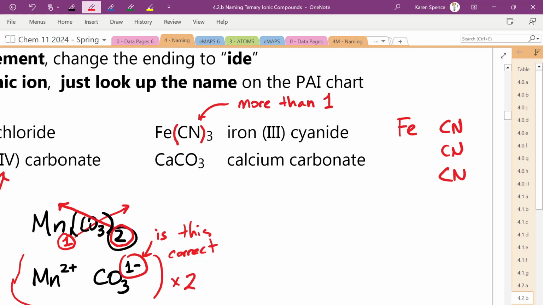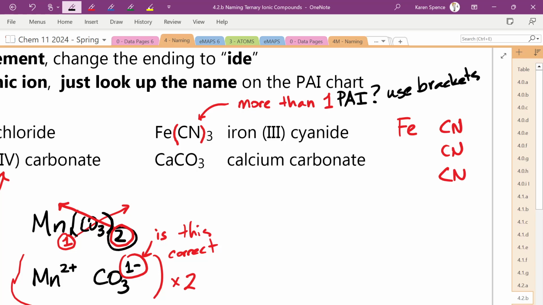Can I call them PAIs? Polyatomic ions? More than one polyatomic ion? Use brackets. That's going to come in handy when we go backwards to the formulas.